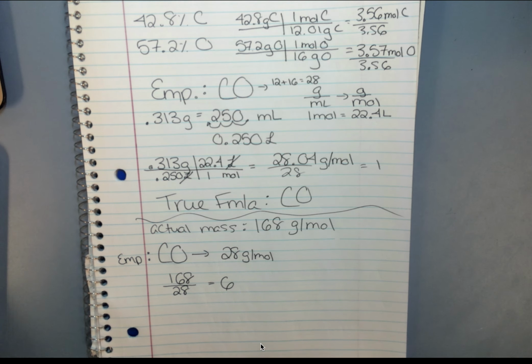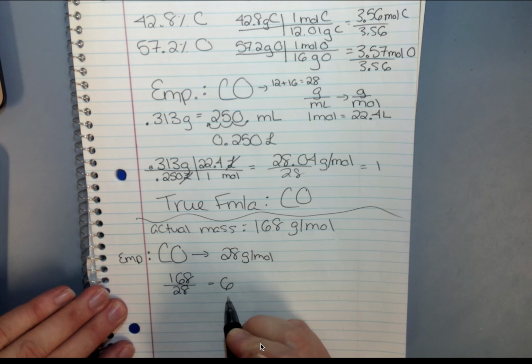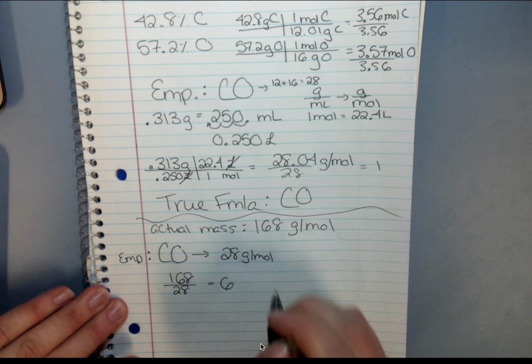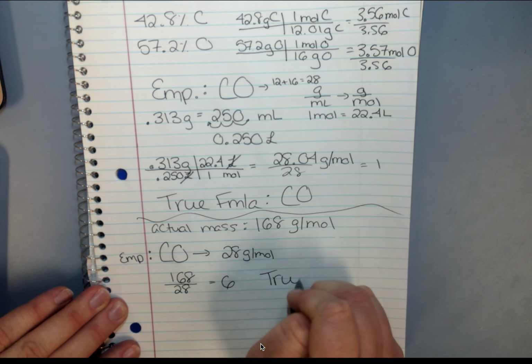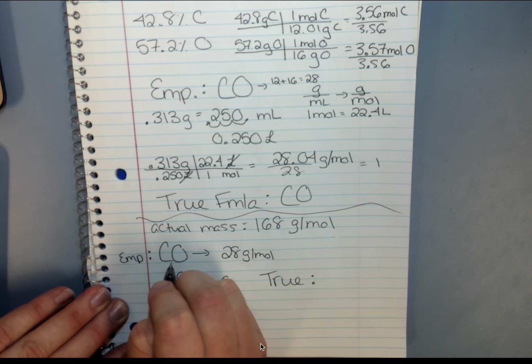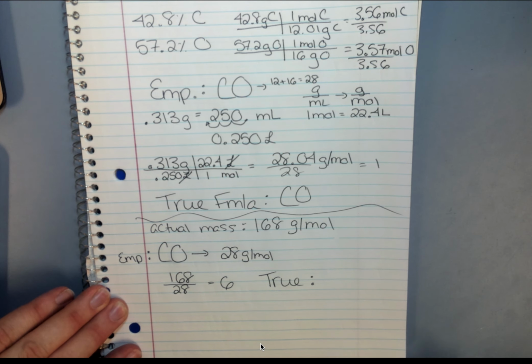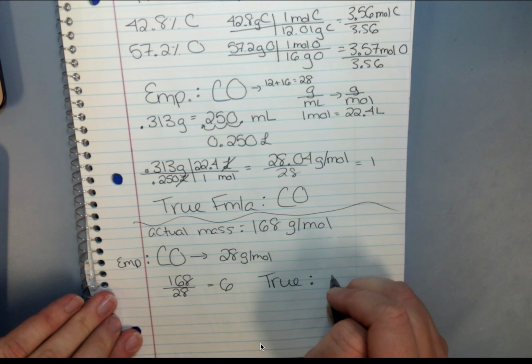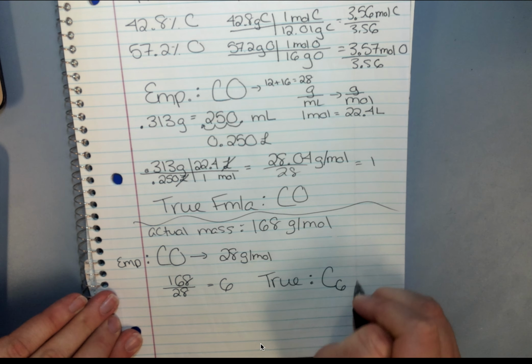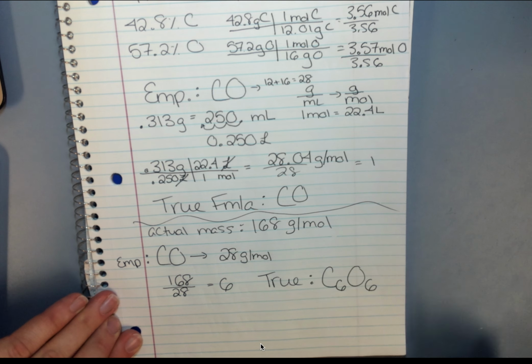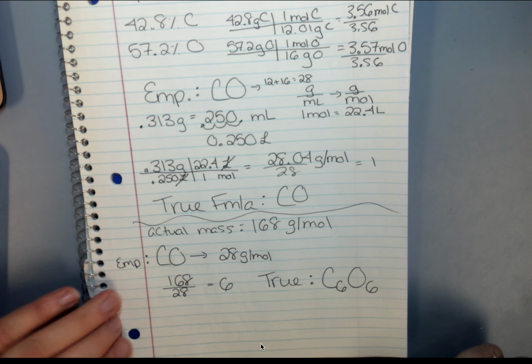So that means my actual mass is 6 times as much. So for my true, or molecular formula, I'm going to multiply both of these subscripts, which both happen to be 1, by 6, and we end up with C6O6. I hope that helps.